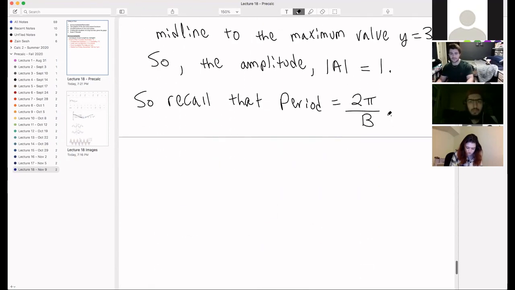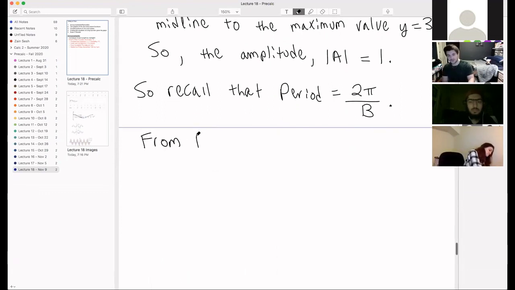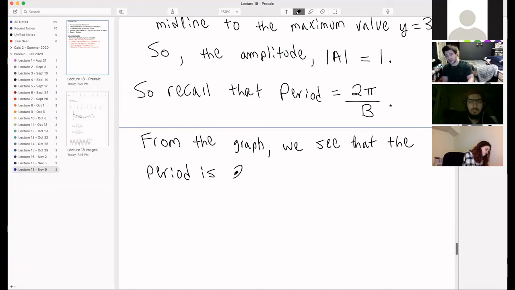I know this is kind of long, but let's stick with it. So from the graph, we see that the period is 2 pi. You can see that the graph completes one cycle in 2 pi units.